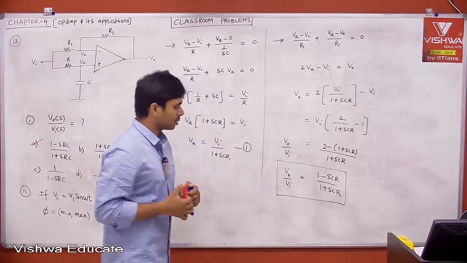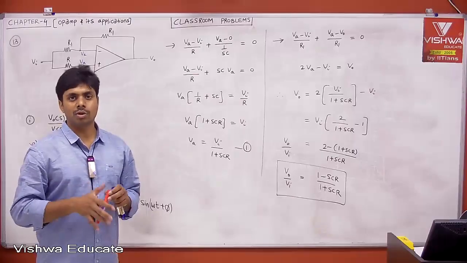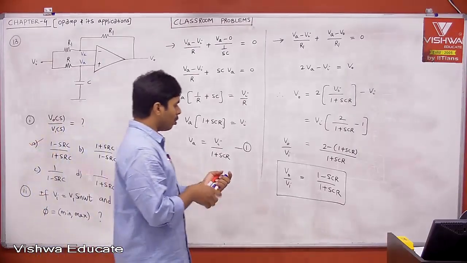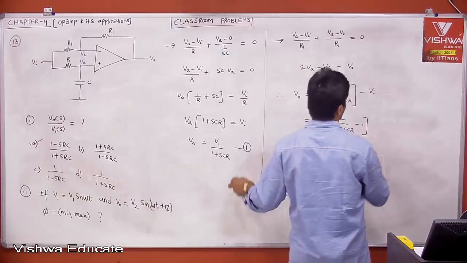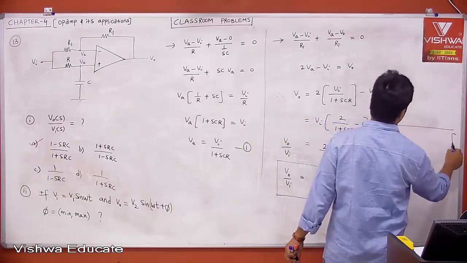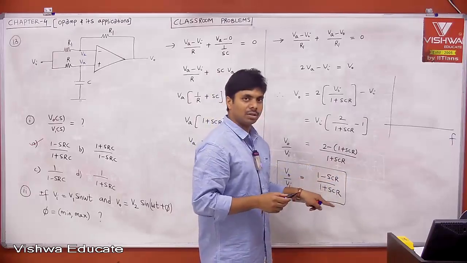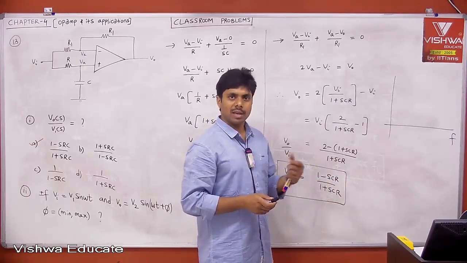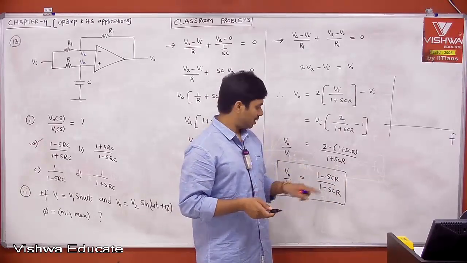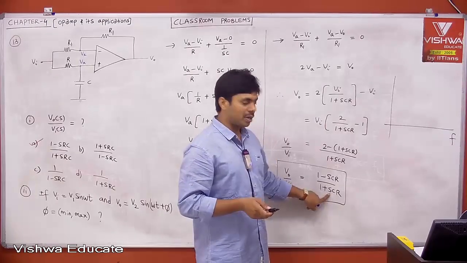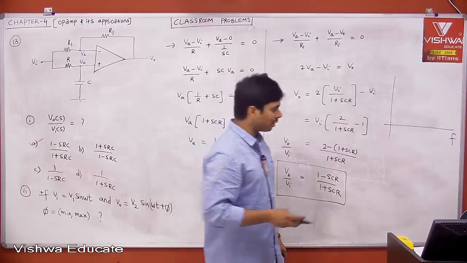The problem is over, but we should understand the theory behind it. Let's see the Bode plot, which is basically the frequency response. It has a zero: 1 minus SCR is equal to 0, therefore SCR is equal to 1, S is equal to 1 by RC. There is also a pole, but the zero and pole are at exactly the same frequency.